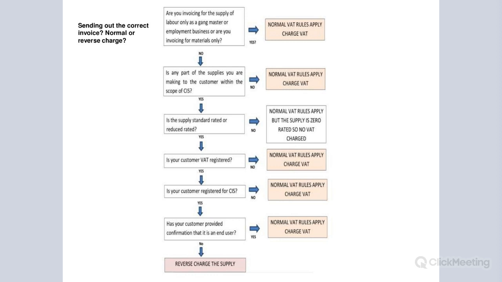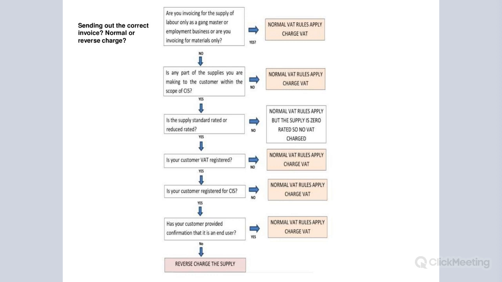It is only if they give you an end user statement that you charge VAT. So I don't want you charging VAT to be safe. Once your customer's VAT registered and CIS registered, you reverse charge to be safe. Okay?